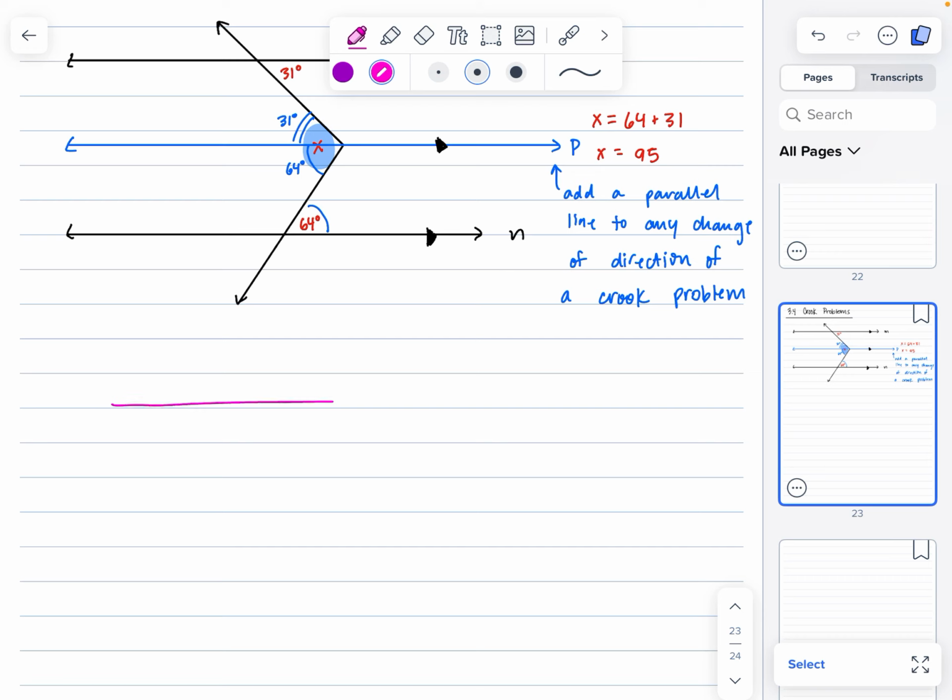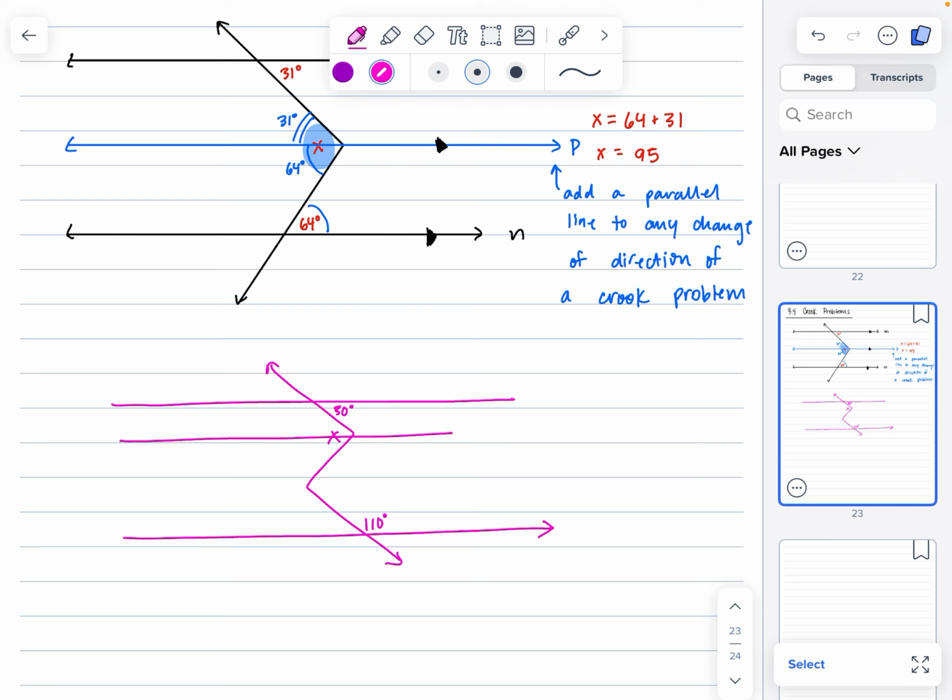So if I sketch one out really quick, for instance, if I have this, and I want to know what this angle was, and I give like 30 degrees and then 110 degrees. We should technically add parallel lines here because there's a change of direction, and here. Okay, so this is the key. Add a parallel line to any change of direction of a Crook problem.